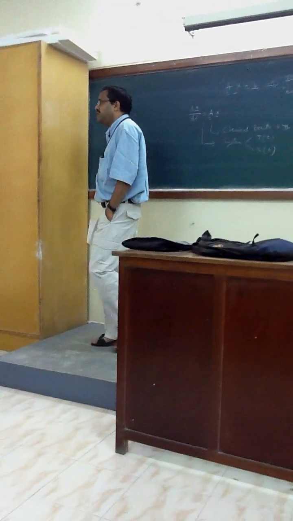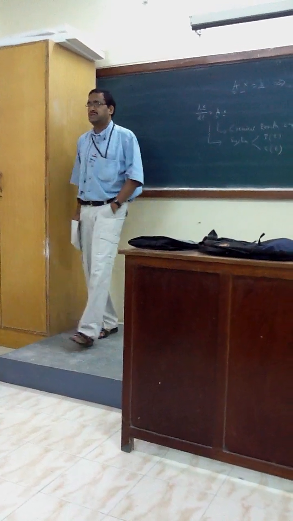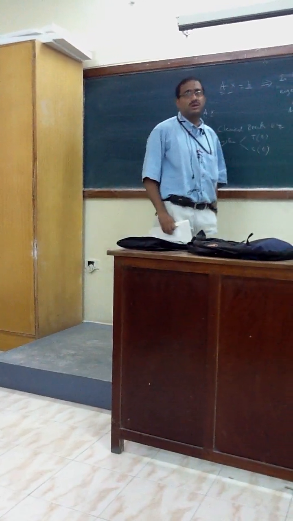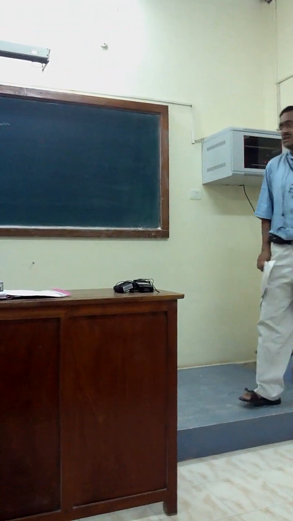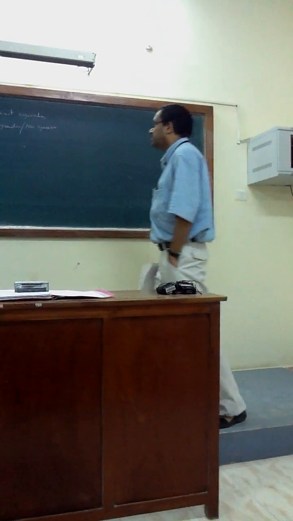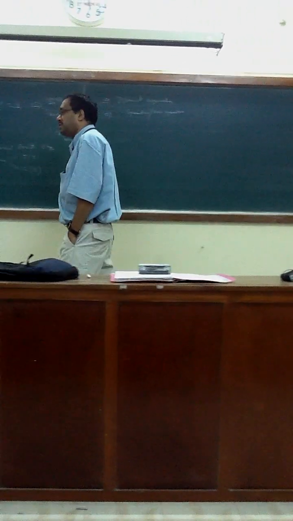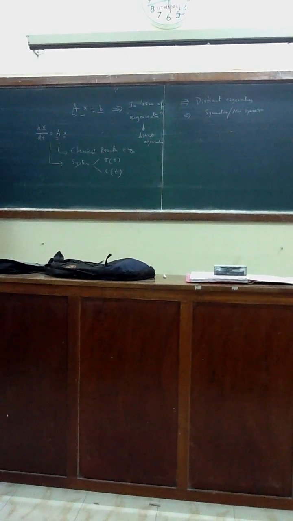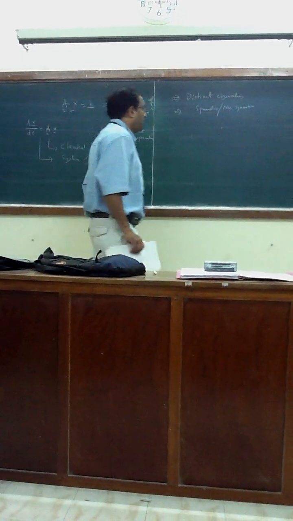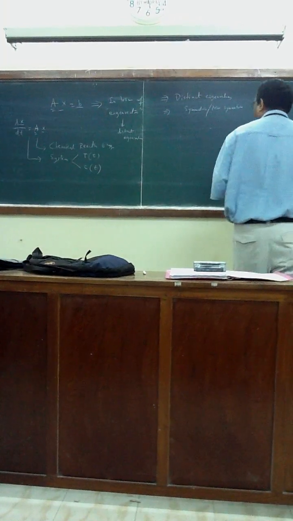Eigenvectors are linearly independent for a non-symmetric matrix, provided eigenvalues are different. If the eigenvalues are not different, it is possible to have generalized eigenvectors for the non-symmetric matrix. That we have done. So the first case is the easy case where we have distinct eigenvalues.